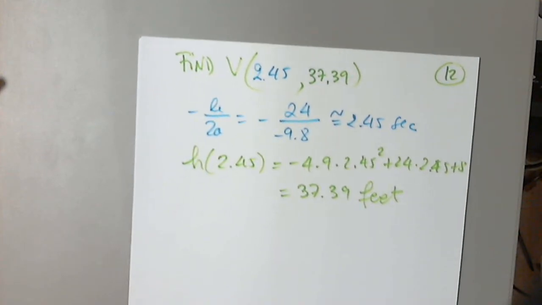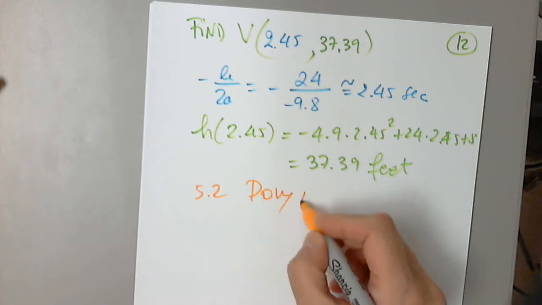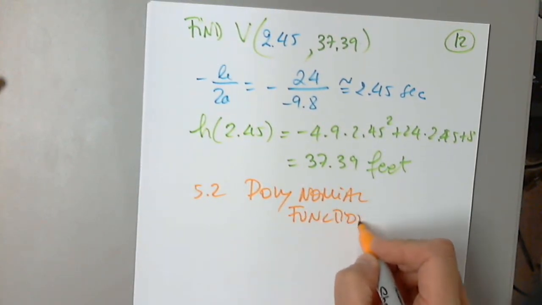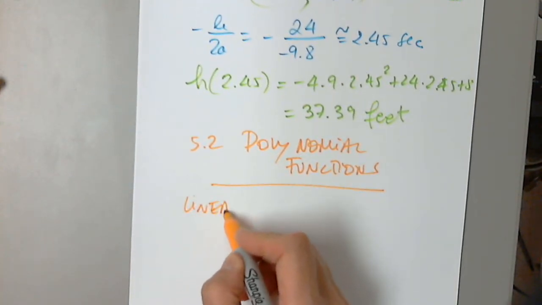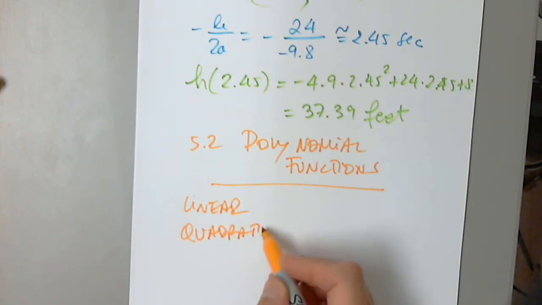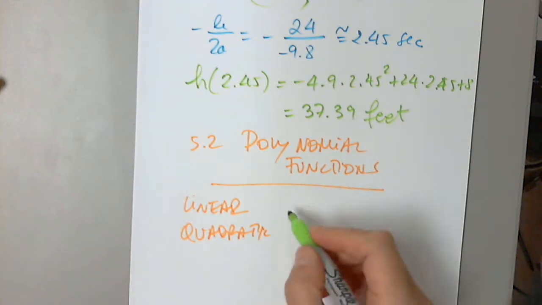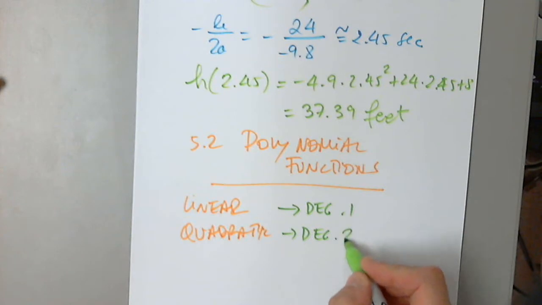Okay, so let's continue with polynomial functions, 5.2. So you can say linear and quadratic are polynomial functions. They are. This one has degree 1, and this one has degree 2.